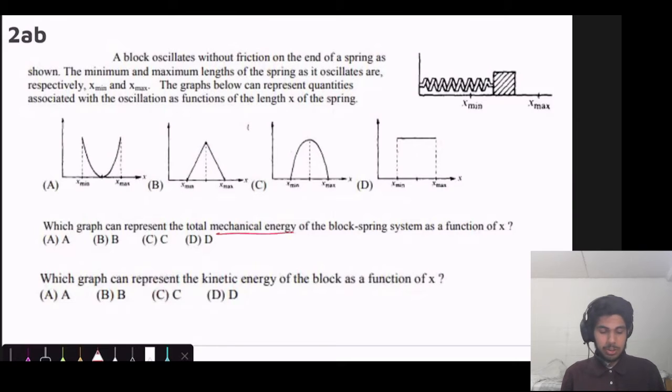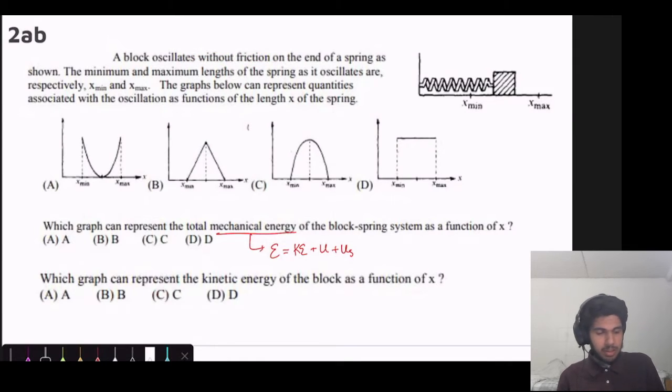So mechanical energy, that's just what we call E, and that's the sum of kinetic energy plus potential energy plus spring potential energy. Well, okay, let's see. We're given that the block oscillates without friction.